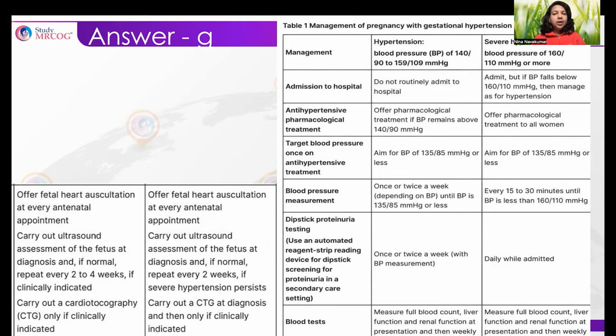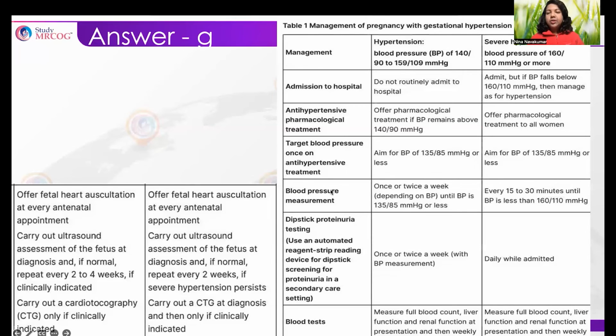We can do the CTG at the time of diagnosis if it is in the range of antepartum fetal surveillance, and need to repeat it only if clinically indicated. So for gestational hypertension which is not severe, the CTG is required only for clinical indications. Otherwise, it is not required.